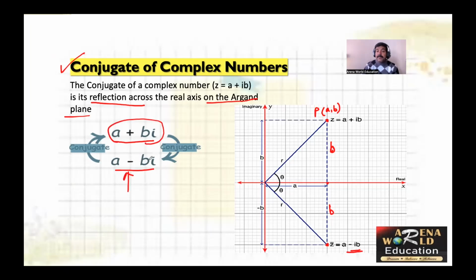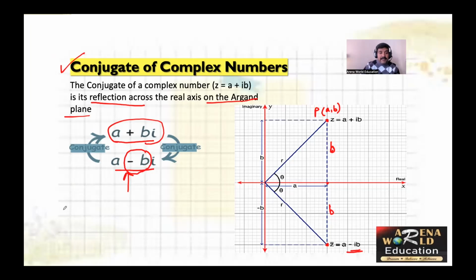If a minus b iota is the original number, then after finding the conjugate, it will become a plus b iota. What we have done, we have changed the sign of the imaginary part. It was minus b. Now after finding its conjugate, it will be a plus b iota, right?